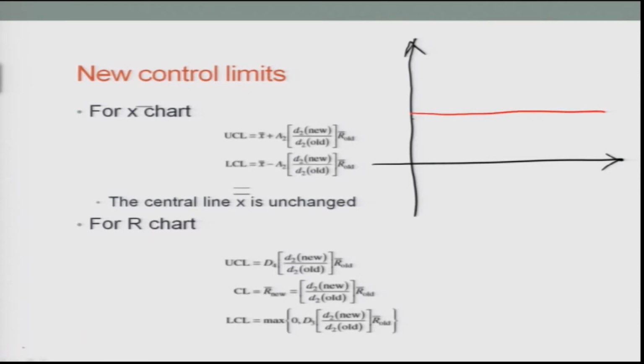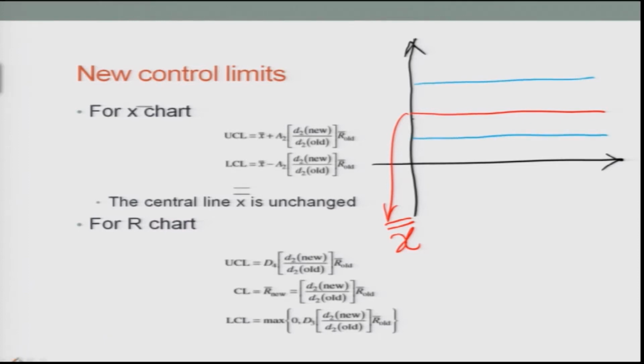This is what we mean by X bar bar, and when I calculate the limits, this is the upper control limit in the first case, and the lower control limit in the second case.